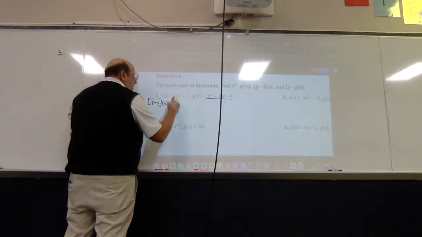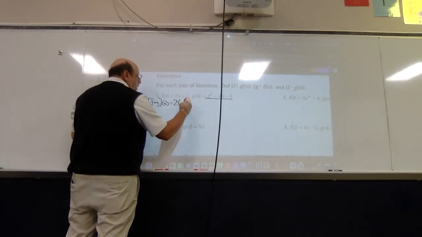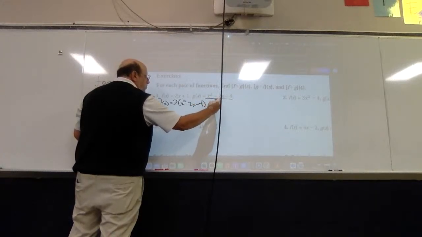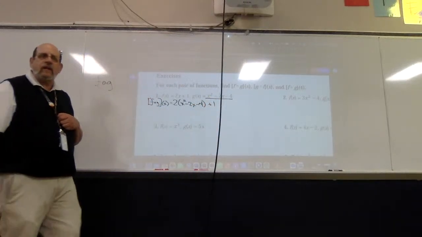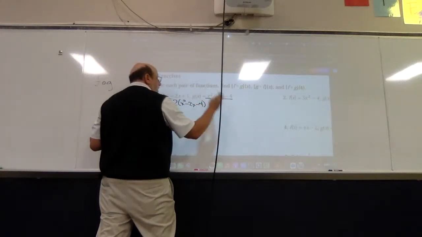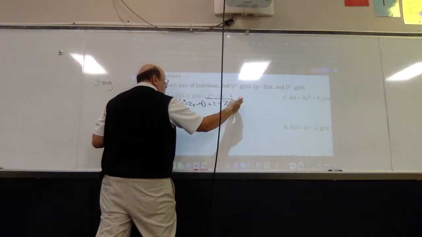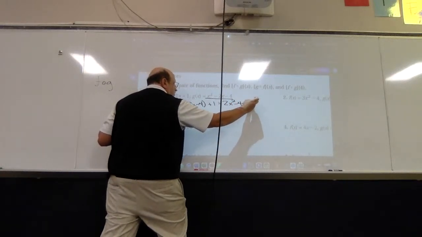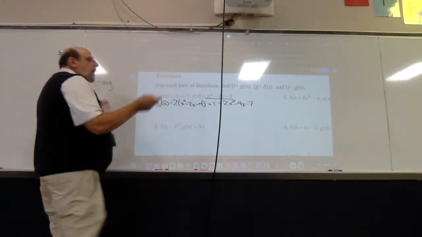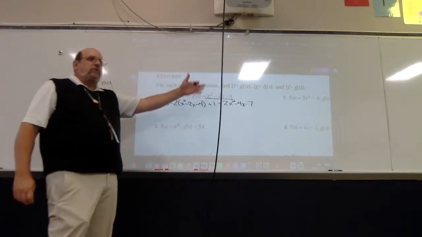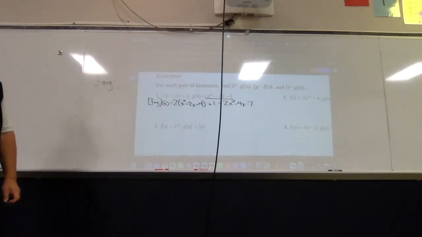So in this function, 2x squared minus 2x minus 4 plus 1. Look at how easy that is. And that's why we can just go ahead and say it's 2x squared minus 4x minus 7. I did my combining like terms at the end. It would be minus 8 plus 1, so I just said minus 7, if that's okay with you. You guys are all super smart, you would get there anyway.